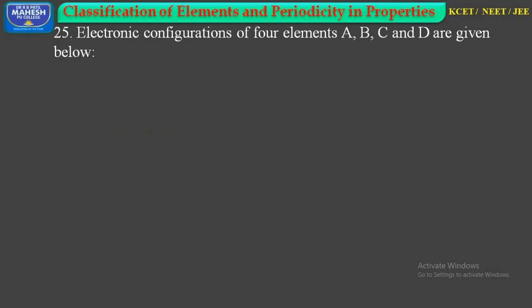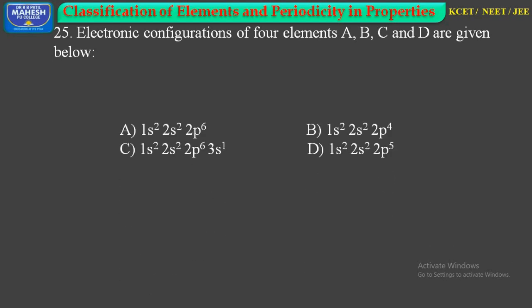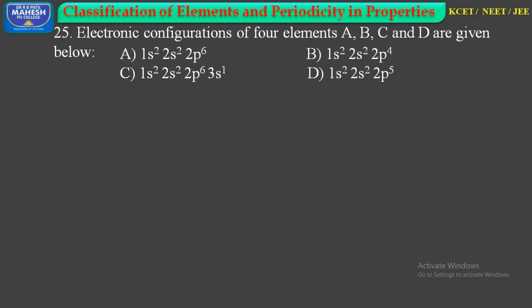Question 25. Electronic configurations of 4 elements A, B, C and D are given below. Element A: 1s2, 2s2, 2p6. Element B: 1s2, 2s2, 2p4. Element C, students: 1s2, 2s2, 2p6, 3s1.